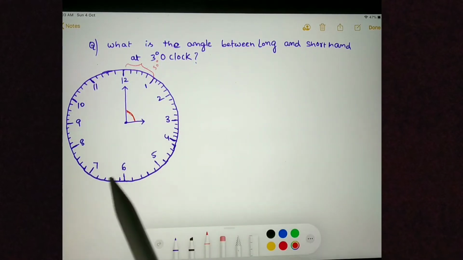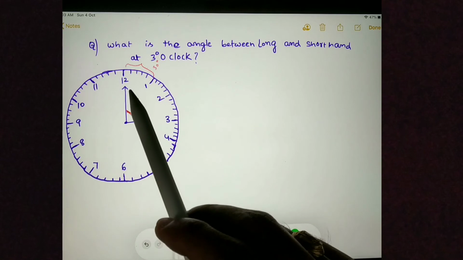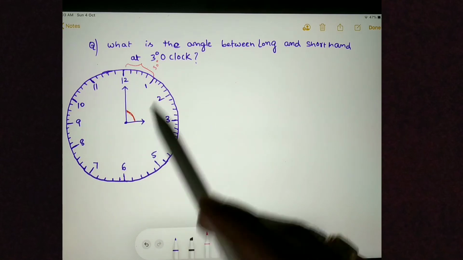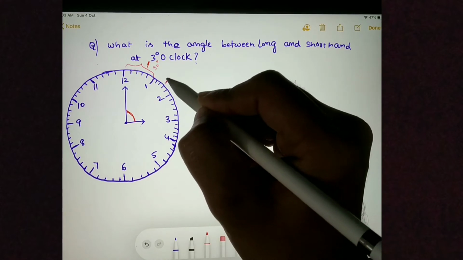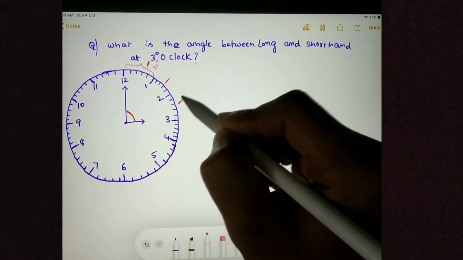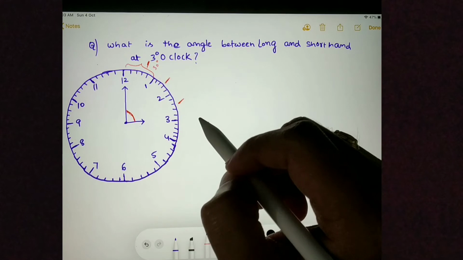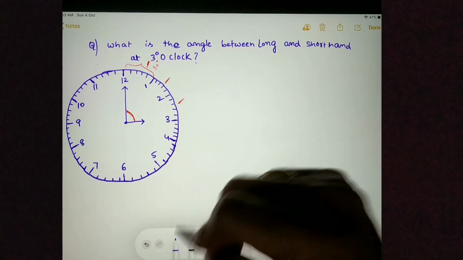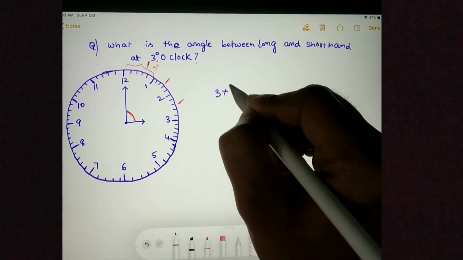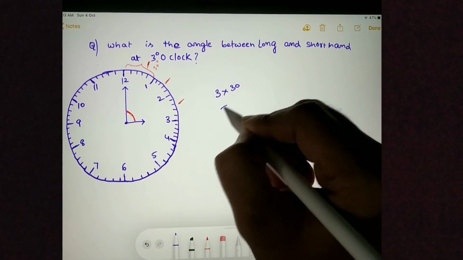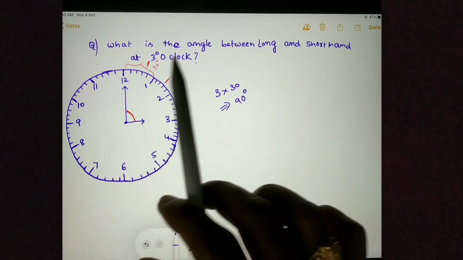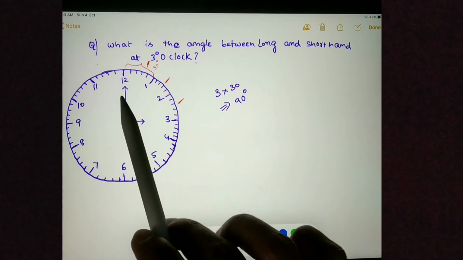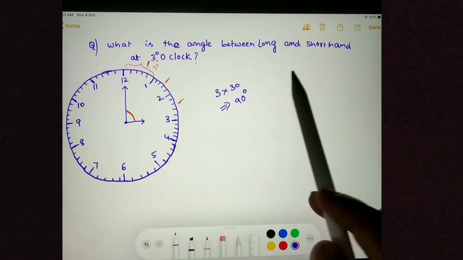So how many such spaces are there between the long hand and the short hand? From here to here one space, and this is another space, and this is another space. 3 such spaces we have. It means 3 into 30 degrees. Answer is 90 degrees. At 3 o'clock, the angle between long hand and short hand is 90 degrees.